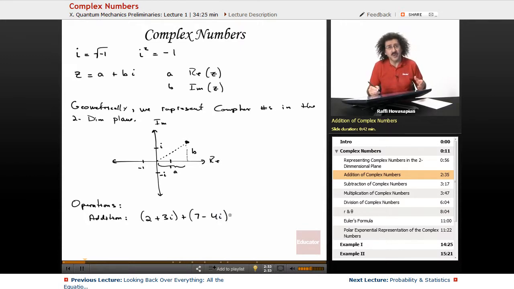What you're going to do is add the real part with the real part, and add the imaginary part with the imaginary part. So it ends up being 2 plus 7 is 9, 3 minus 4 is minus 1i. There you go. 9 minus i.